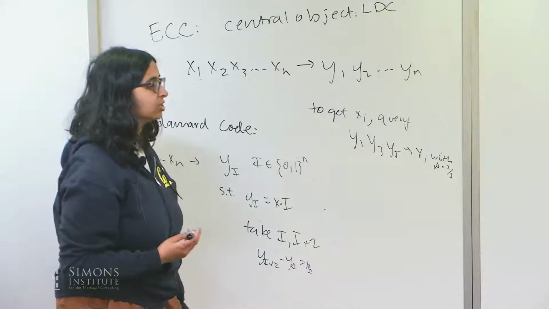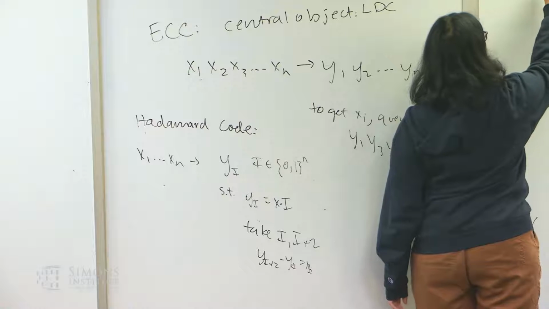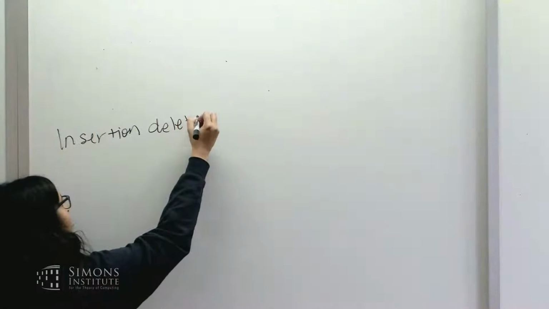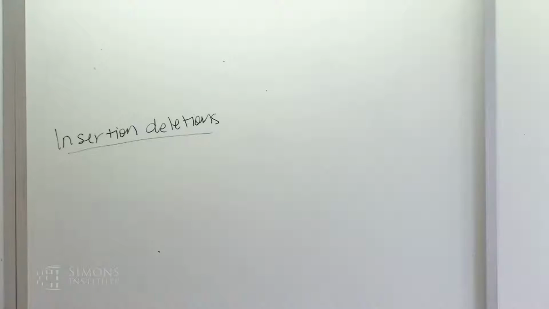Okay, so the second area that we're talking about in this talk is insertion deletion errors. I know there's a reading group on it this semester, and some people here have some familiarity with insertion deletion codes. In some sense they are a strictly more general version of substitution errors.